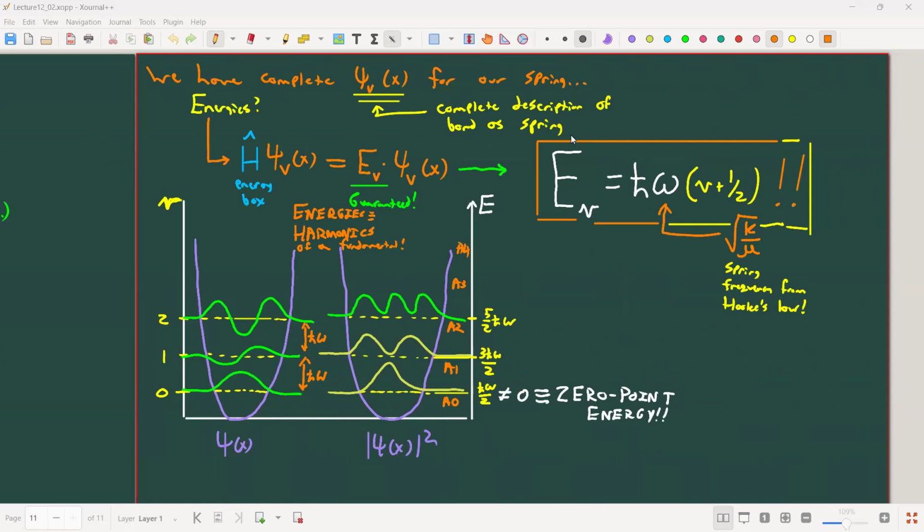The wave function is quantized. The vibrations of the spring are quantized with a quantum number v that could be any integer 0 or greater. And each of the wave functions corresponds to, say, a half period, a whole period of a wave, and 3 half periods of a wave, just like in the particle in the box. So we have the same kind of construction that we did in the particle in the box.